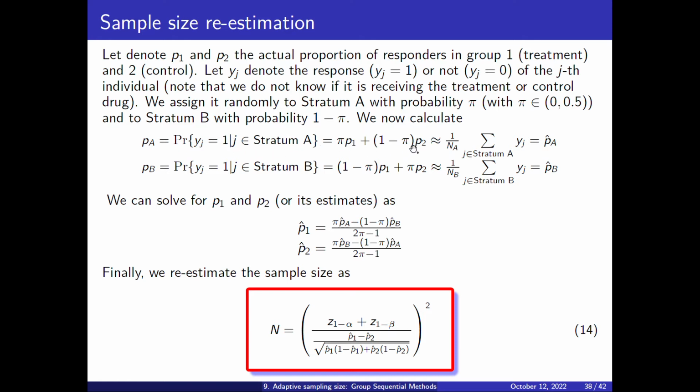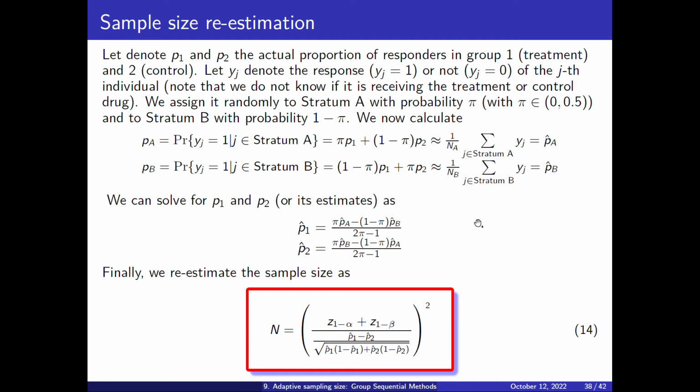It can be calculated to be this one, and we know it is the number of respondents of the people in group A. So we know how many have responded. We don't know the drug label, but we know that this proportion of respondents in A has to be this one, and the same for B. So now we can solve for P1 and P2.